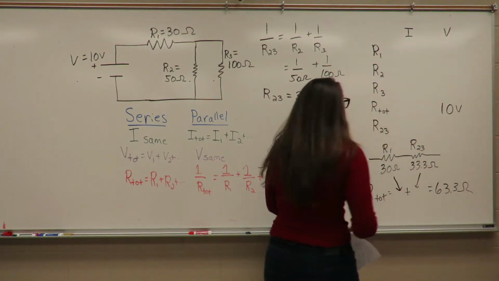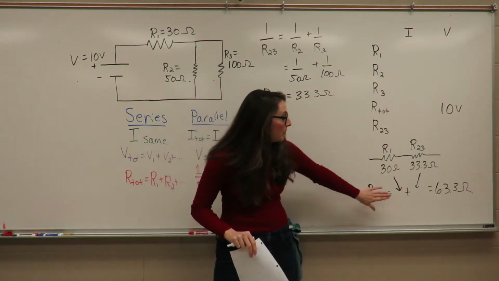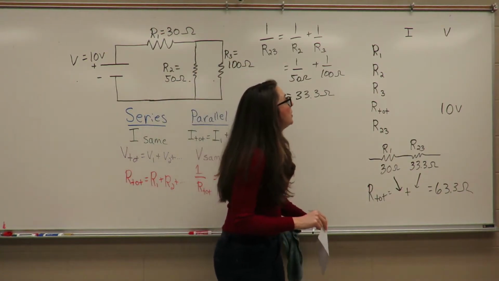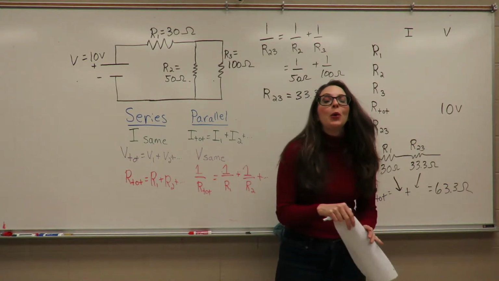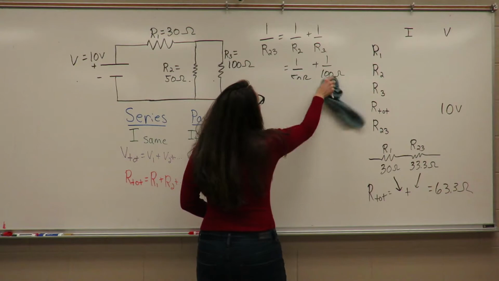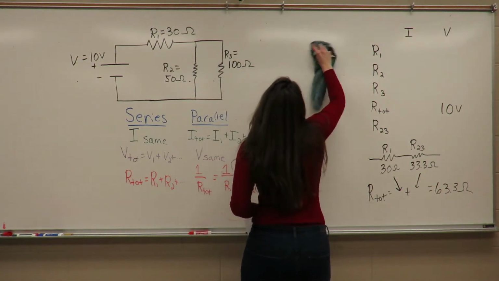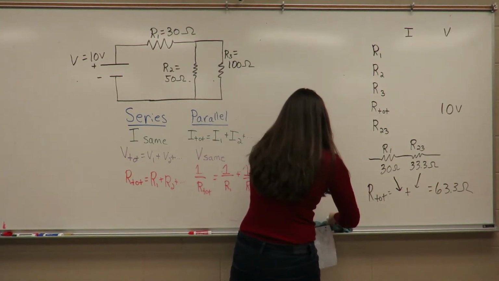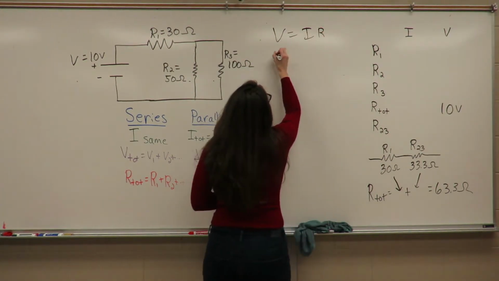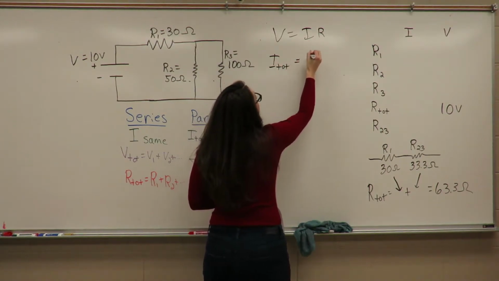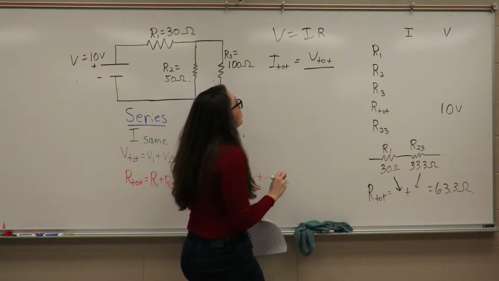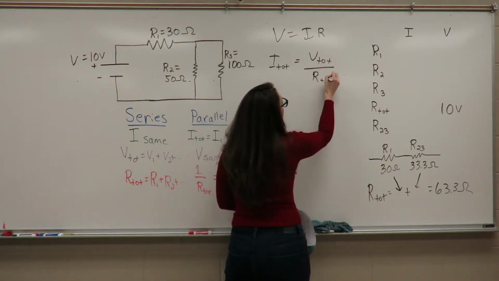Okay. So now we can use this equivalent resistance for our whole circuit in order to calculate the total current flowing through my circuit. We can use Ohm's law to get that for us. If we know that V equals IR, then we know that the total current is equal to the total voltage supplied by our power source divided by the total resistance.